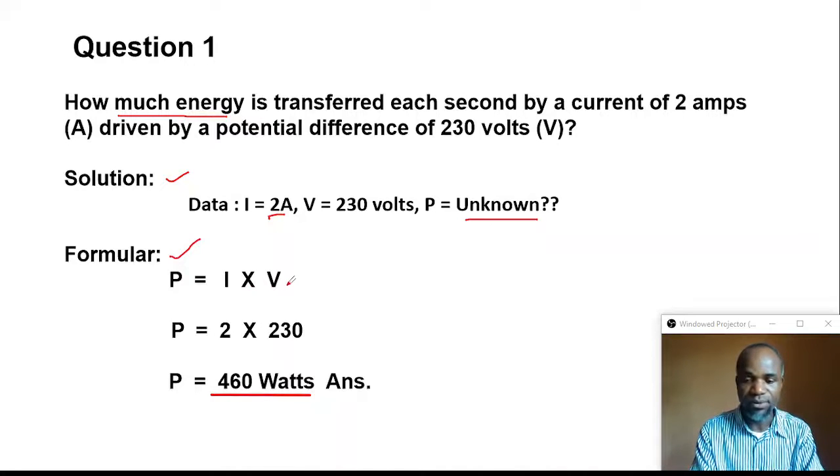So power is equal to 2 amps times 230. Multiplying 2 times 230, we have 460 watts, and that is the answer. Very simple, right?